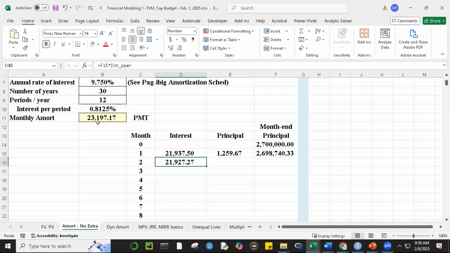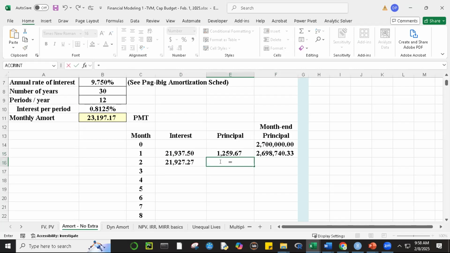A big chunk of what you're going to pay, 23,197, will be interest payments. But notice that the interest payment went down, not 21,937, it went down by 10 pesos. Why? Because the month-end principal went down, so the interest will also go down.